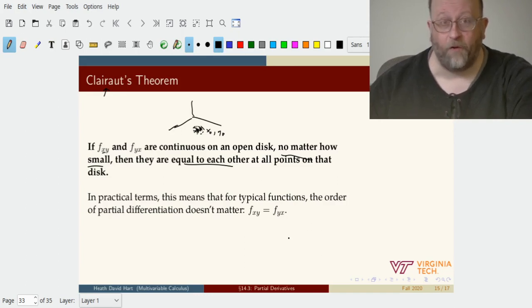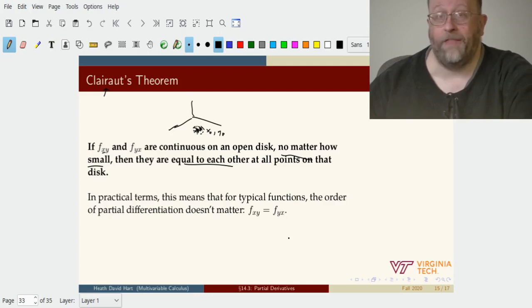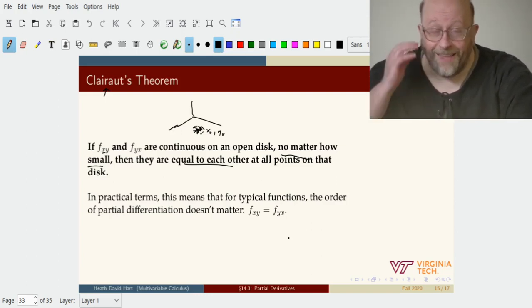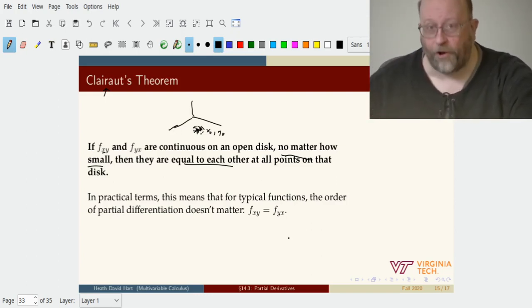My second semester of graduate school, we constructed a function that was a counterexample to Clairaut's theorem. It took a whole period to build that function, and that was after I'd had an undergraduate degree and a semester of grad school under my belt. These things do exist. They were very hard to build. You are very unlikely to ever see one.